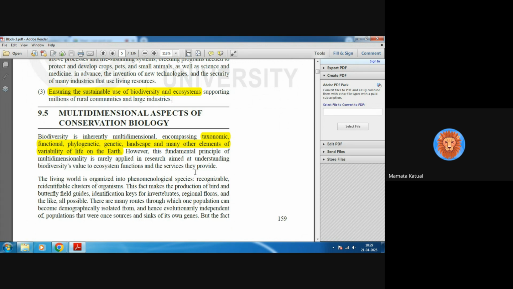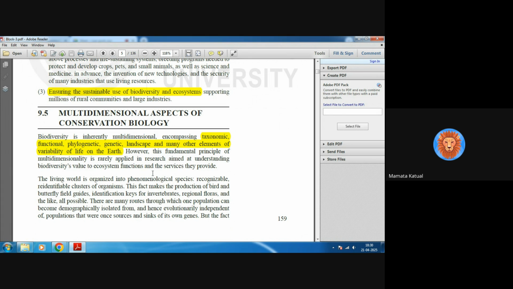Then the multi-dimensional aspect of conservation biology. Conservation biology is a multidisciplinary subject, encompassing different branches like taxonomy. Then you have to study the functional aspects of the ecosystem, how the ecosystem functions. Then the phylogenetic, which means the evolutionary history of the living organisms.